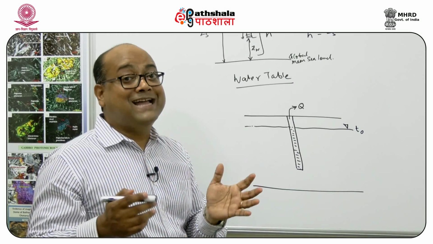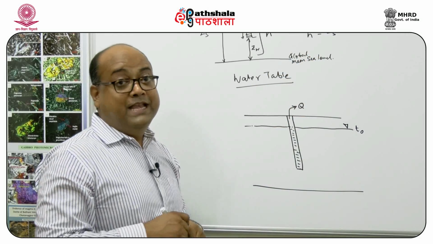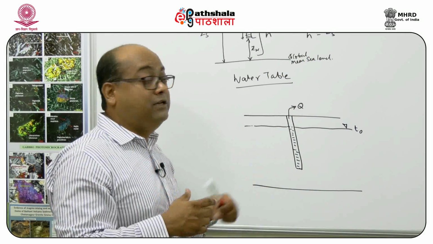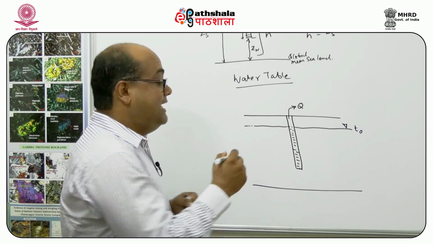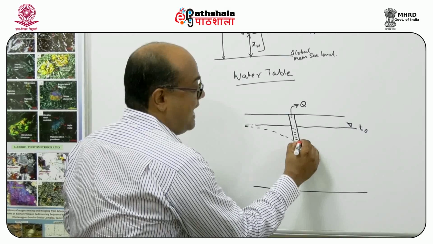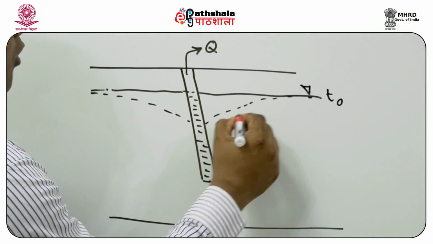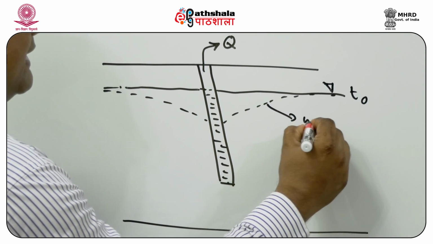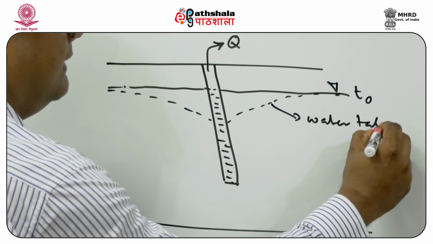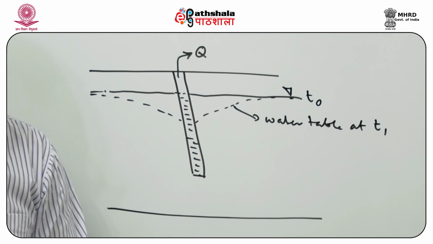Now, supposedly at time t1, I start pumping out water. How is the water table going to behave? It is going to appear something like this. This is the status of the water table at time t1 after pumping has started.